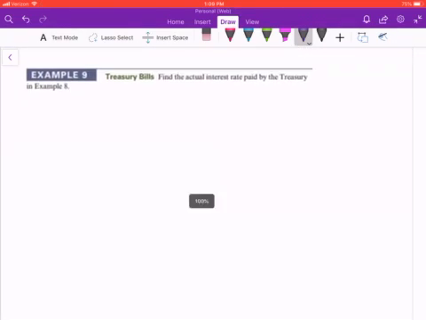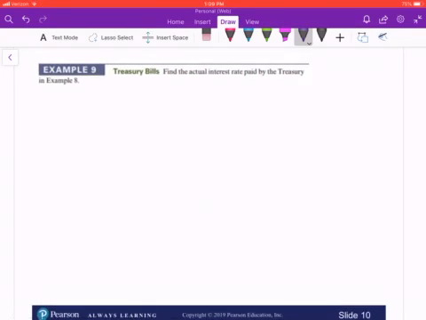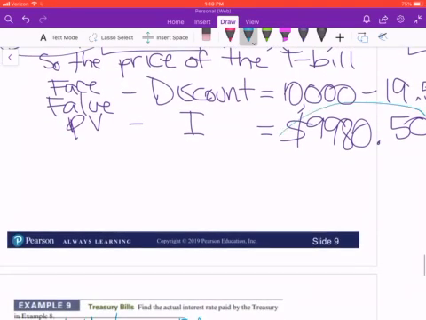Okay, so now the last problem of this section, which is actually a continuation of example 8. It says here, find the actual interest rate paid by the Treasury in example 8. And so right here what we're going to do is use the interest formula again. But what we're going to use for present value is the face value after the discount, the one that we obtained here.